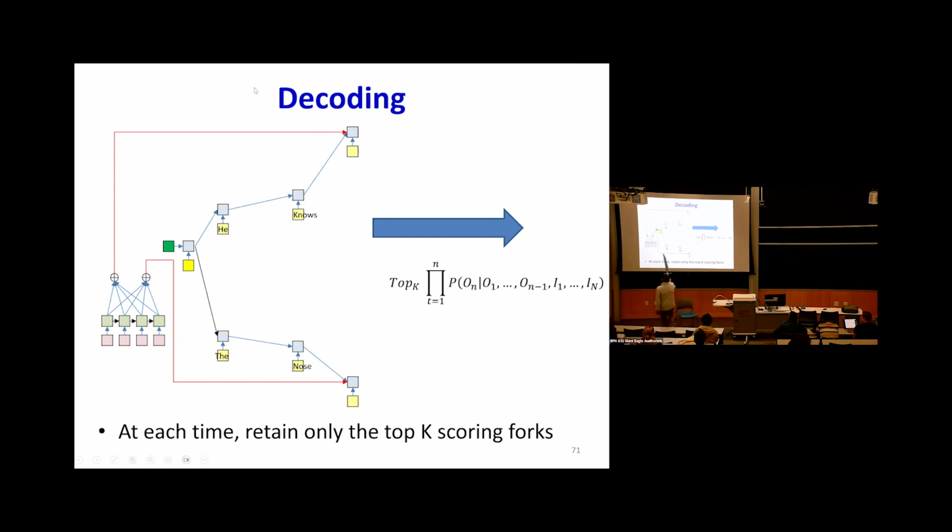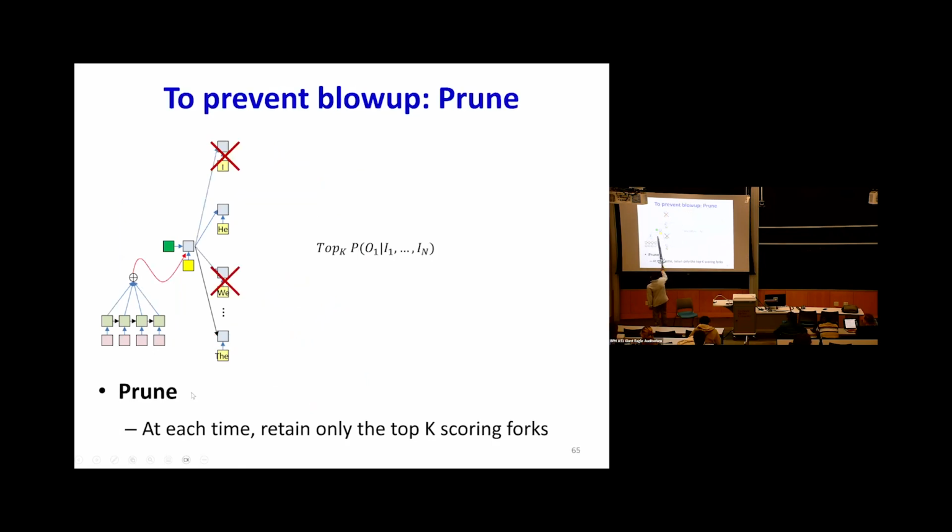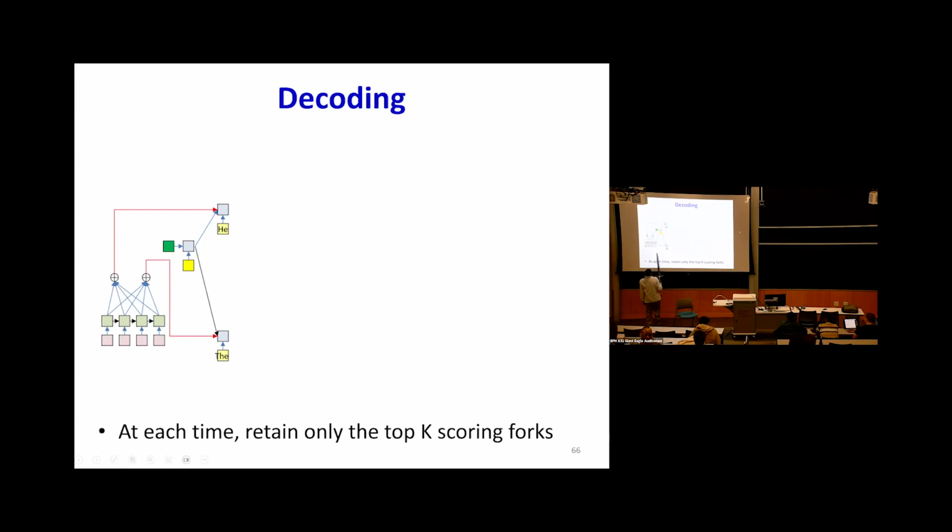So this one went this way. So if you go back here, at the very first time, they all have the same hidden state. So they would all have the same context going in. And now the hidden states computed here and here are going to be very different because different words went in, right? The first one saw the word he, the other one saw the word thee in my example.